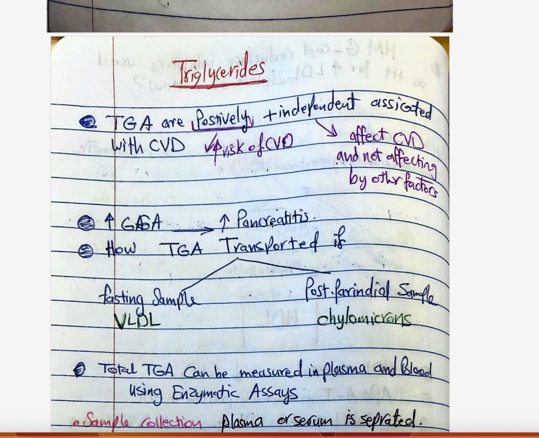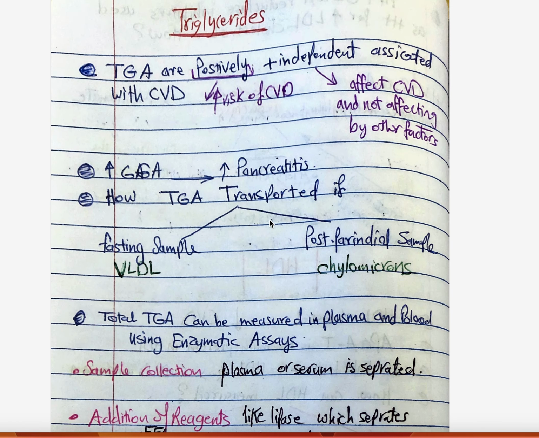Then we go to the triglycerides. Triglycerides are positively and independently associated with coronary vascular disease. They are positively associated, that means they increase the risk of coronary vascular disease, and also independent, that means they affect coronary vascular disease and are not affected by other factors.